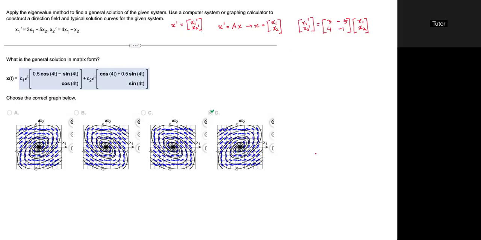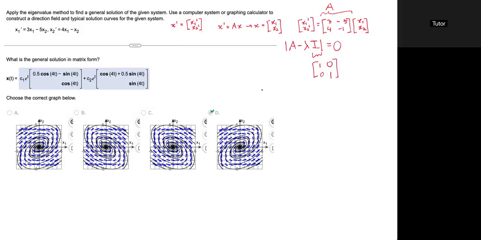And in order to find the eigenvalues, we have to take the determinant of A minus lambda times the identity matrix, and the determinant is always equal to 0. So here, our A matrix is this matrix over here. And remember that our identity matrix is going to be equal to 1, 0, 0, 1.